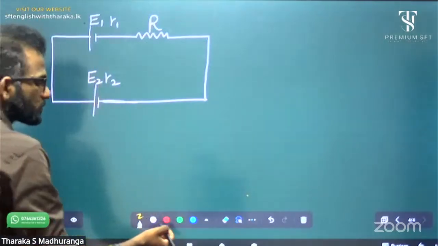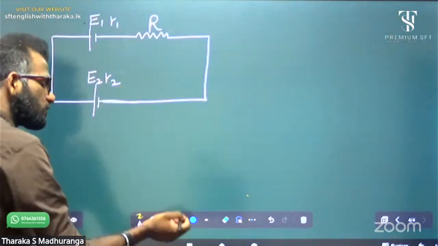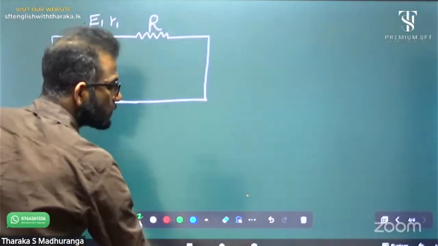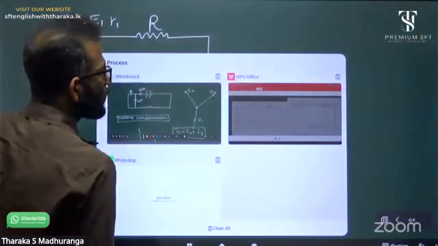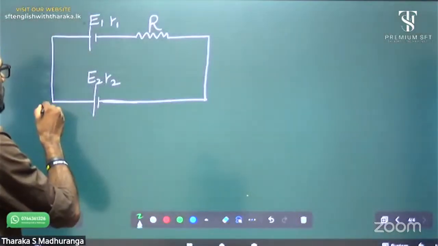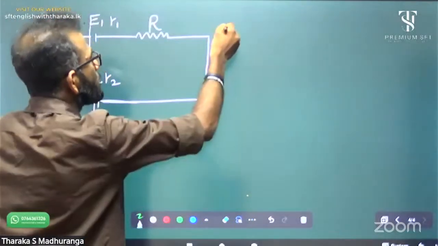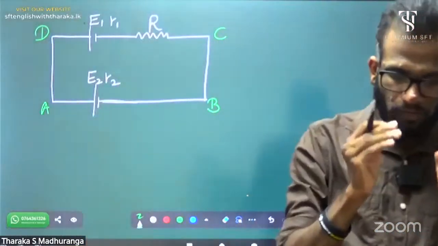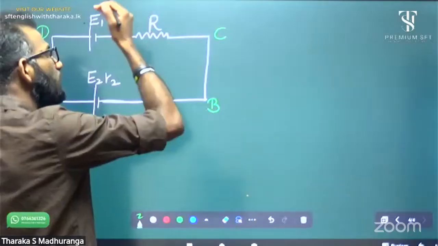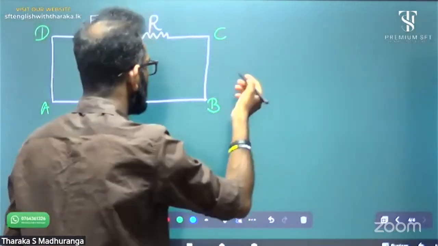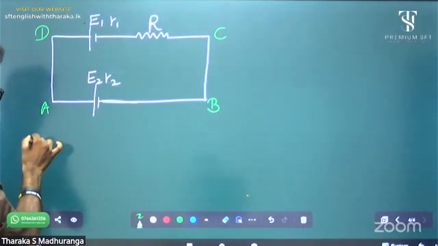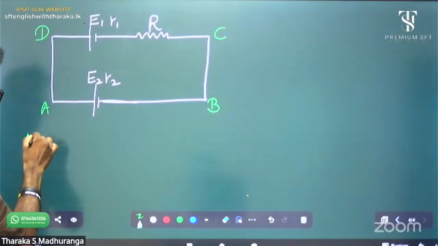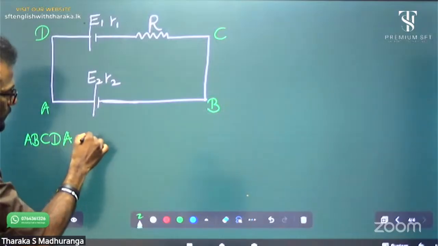My first step: first of all, I need to label this circuit. I'm going to label A, B, C, D. This is my loop, which we call the A, B, C, D, A loop. A closed loop. It has only one loop, and its name is the A, B, C, D, A loop.